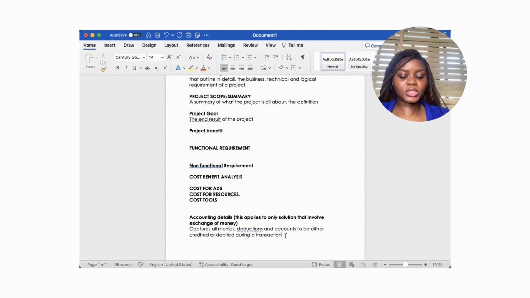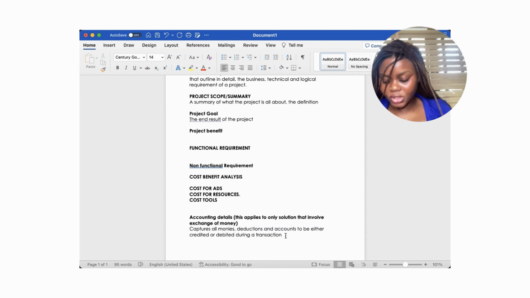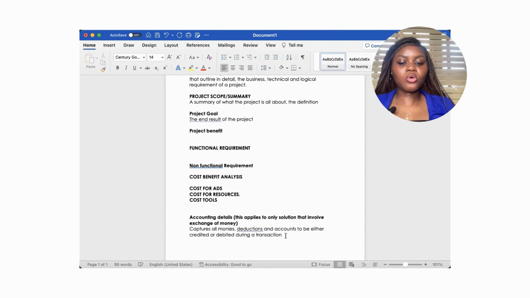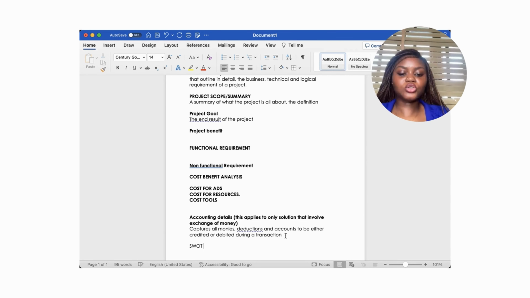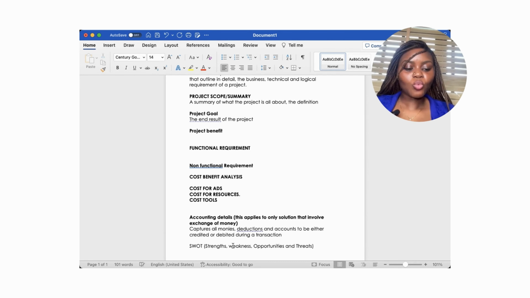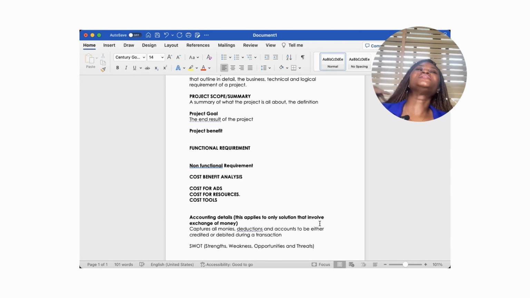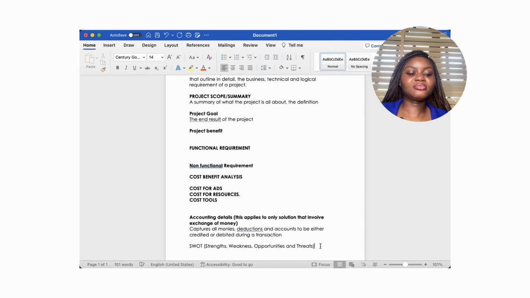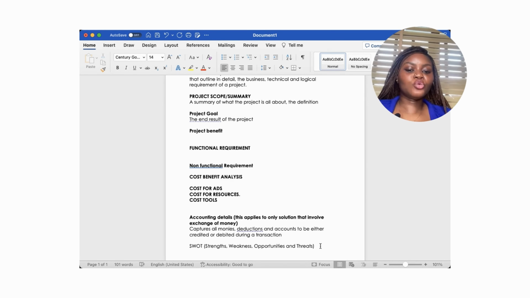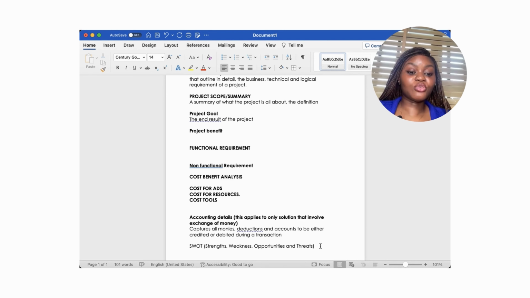Okay, let's proceed. There's something we call SWOT inside your requirement document. You will also be putting in your SWOT. When looking at a project, it's good to identify the seemingly good and the bad, the risk that is probably involved in the project.